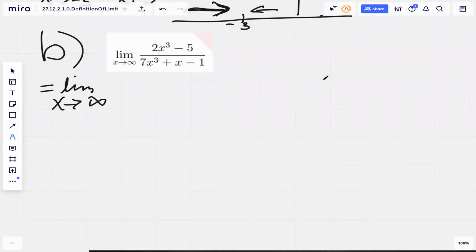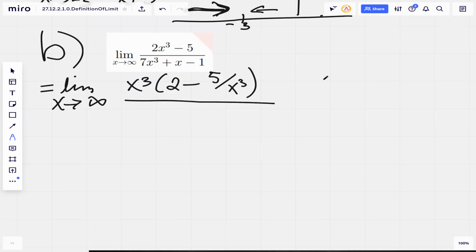So in this case, it's x cubed, and we're going to factor that out in the numerator. And let's do the same in the denominator. So in the denominator, it's again x cubed, it's the highest power. So we're going to factor that out, and we get x cubed times (7 plus 1 over x squared minus 1 over x cubed). Okay, so this does make things a little easier.